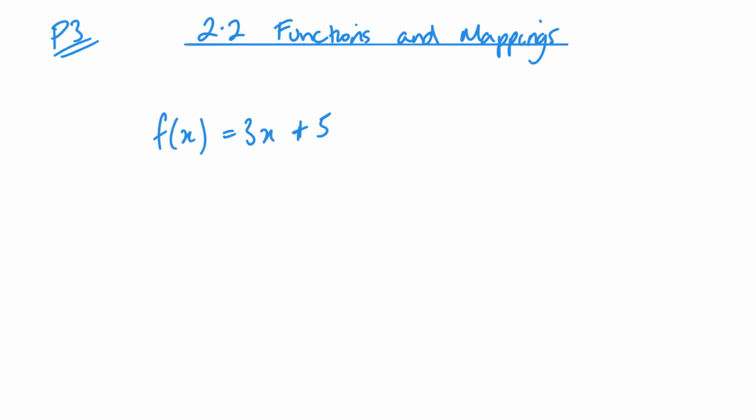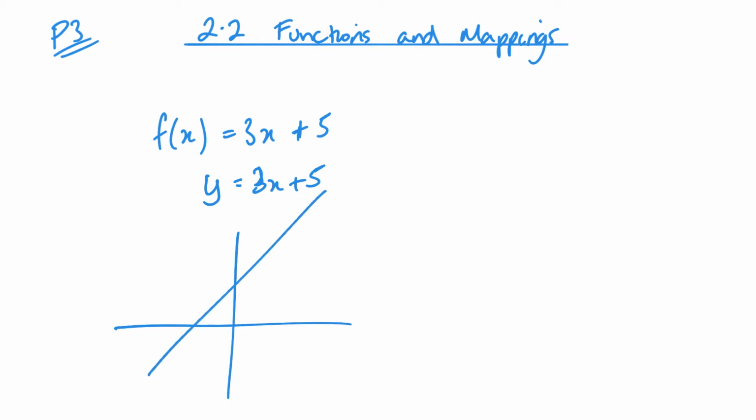This could also be y equals 3x plus 5. These are essentially the same things, aren't they? So 1-to-1 function, in terms of graph, we're essentially looking at something like a straight line graph.